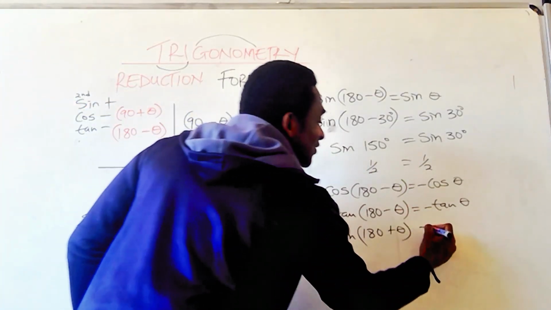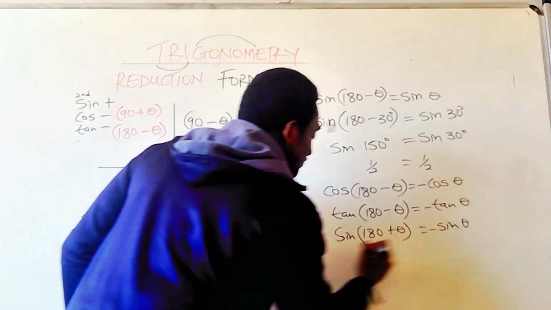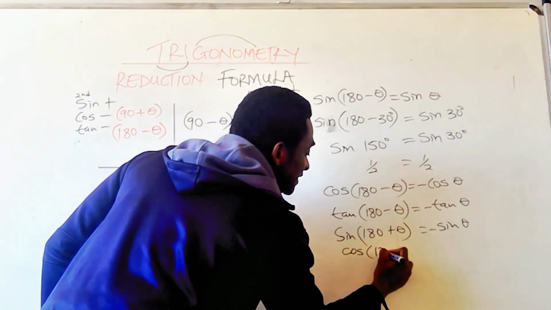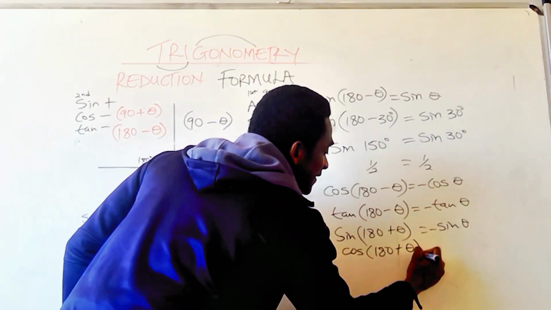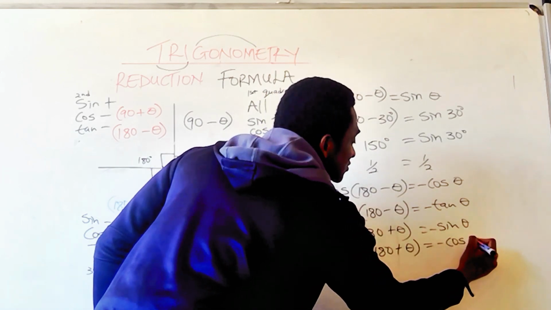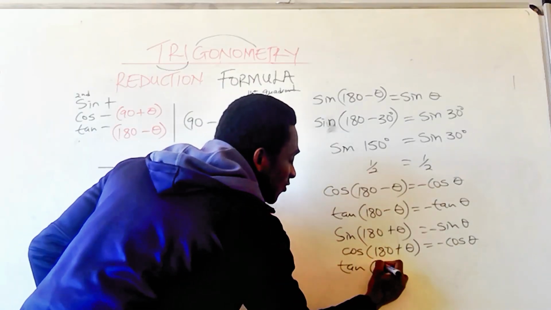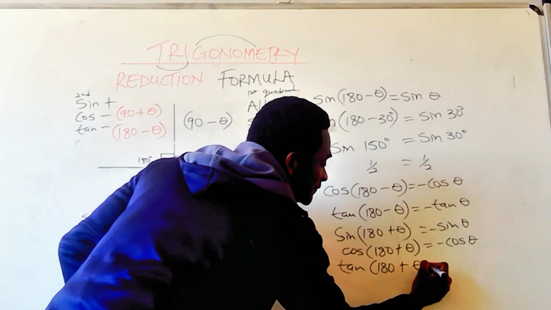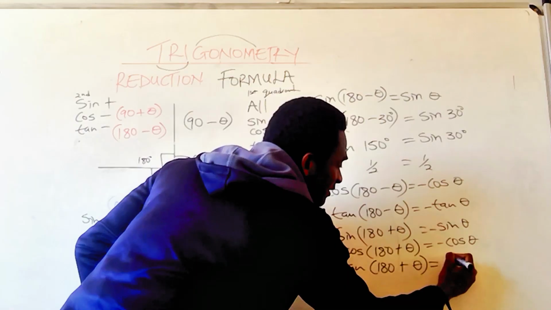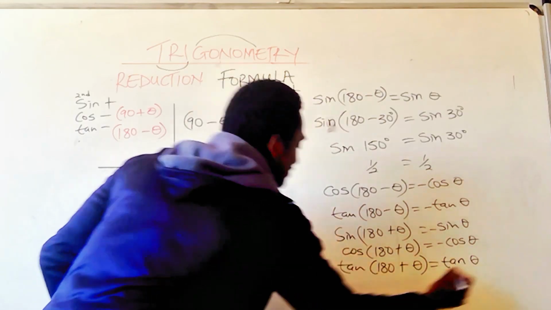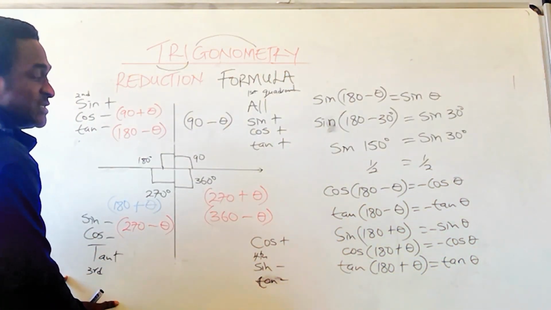Sine is negative, so it returns a negative. Cos of 180 plus theta will return a negative cos, because cos is negative on the third quadrant. Tan of 180 plus theta will return positive tan theta, because tan is positive on this quadrant.